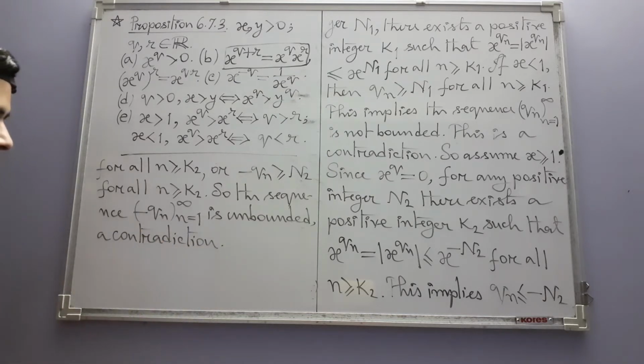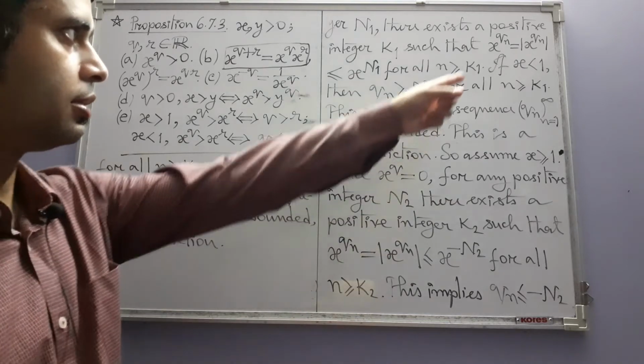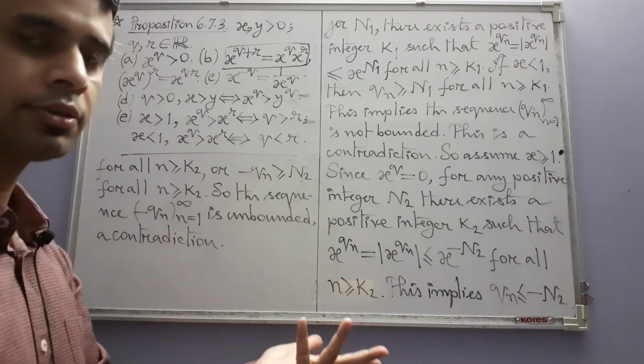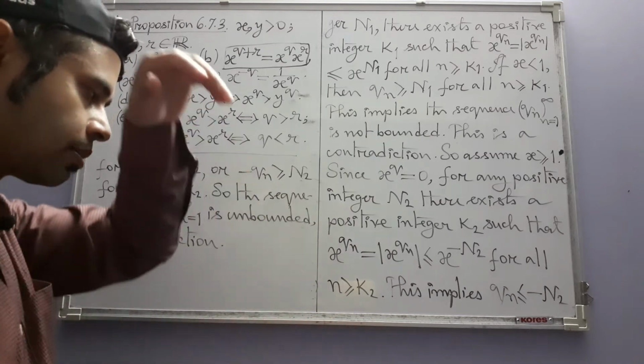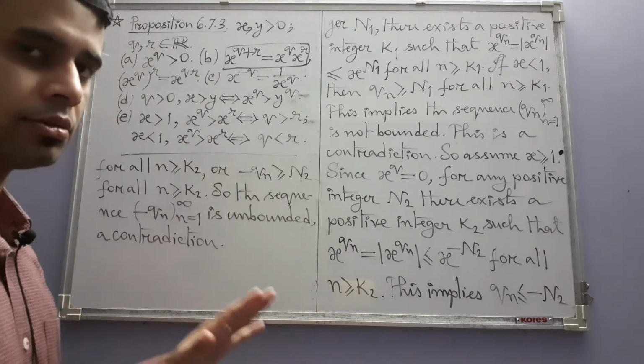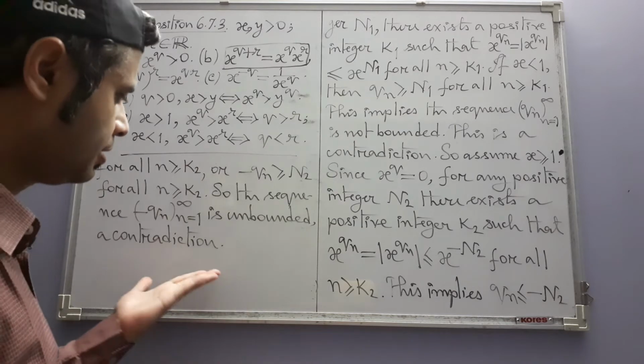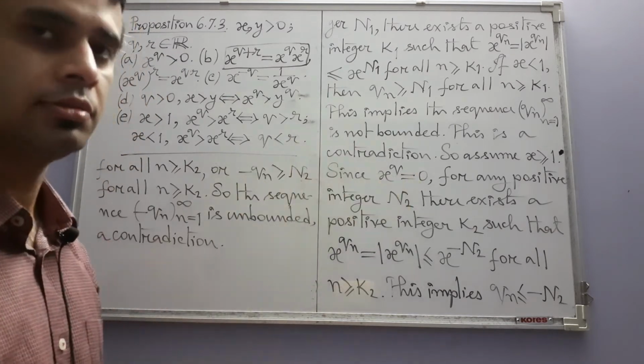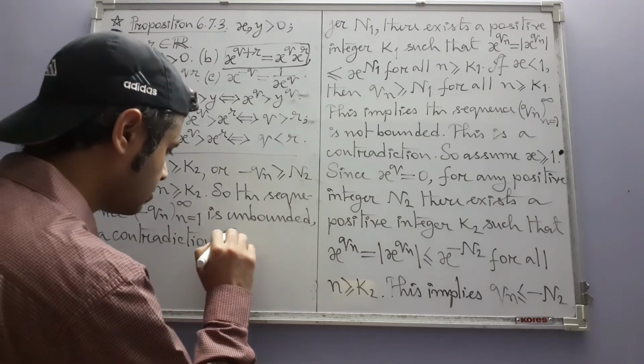So that means no matter what x is, whether it is less than 1 or greater than or equal to 1, we are getting a contradiction. So that means something is wrong, and that something is our supposition that the limit of x to the power qn is 0.